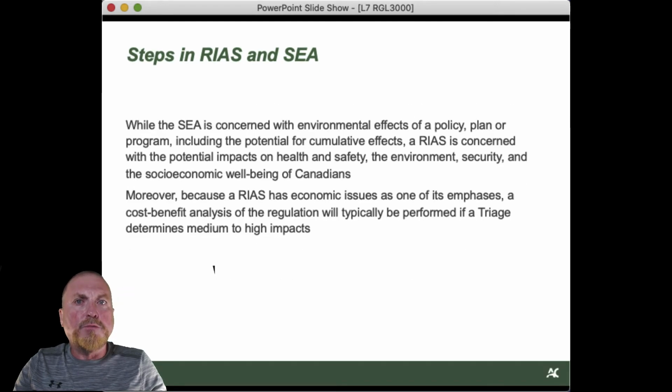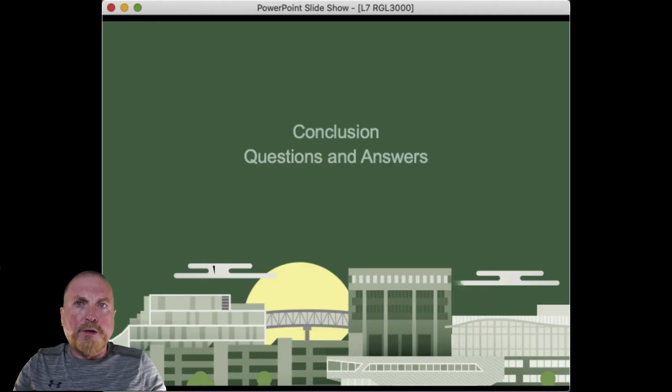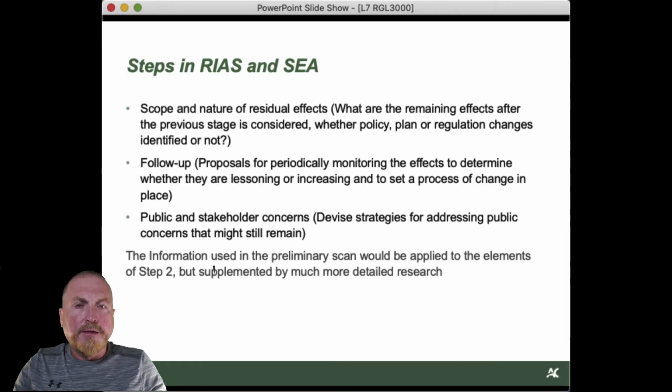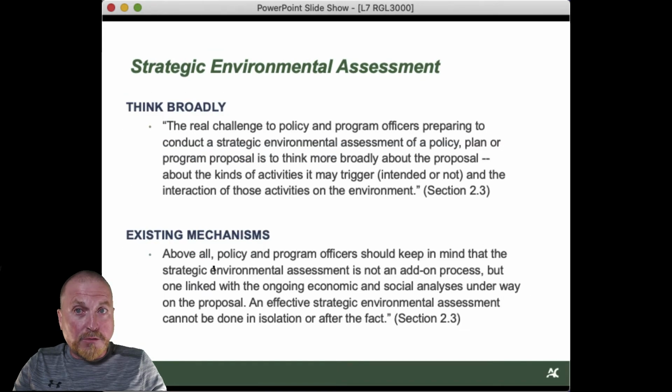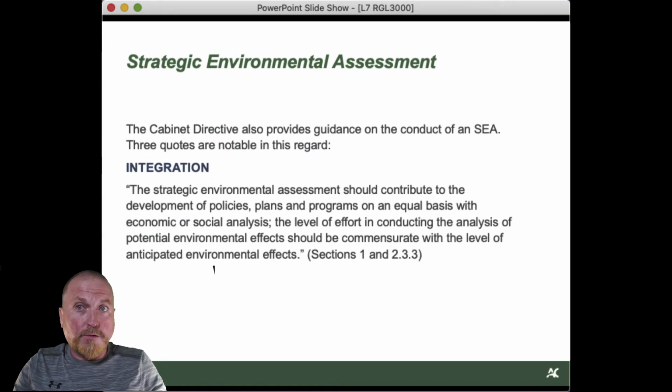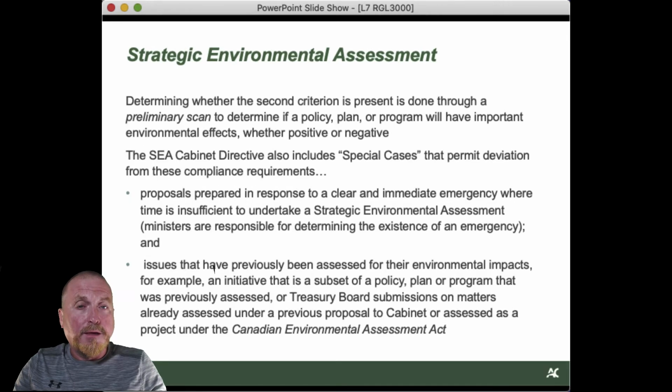I don't want you to get too far into the SEA side of things, but you need to be aware that when you're dealing with the Government of Canada, there are additional requirements for regulatory approval. Something as big as a significant medium to high impact regulatory change will also need to be scanned for potential down-road environmental impacts, or it should be by cabinet directive.